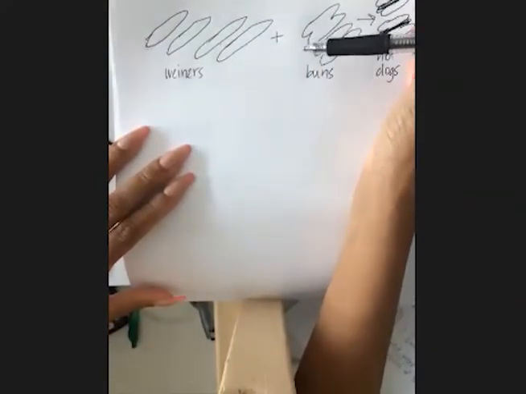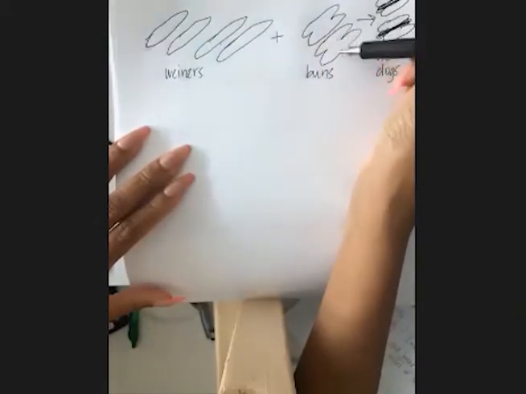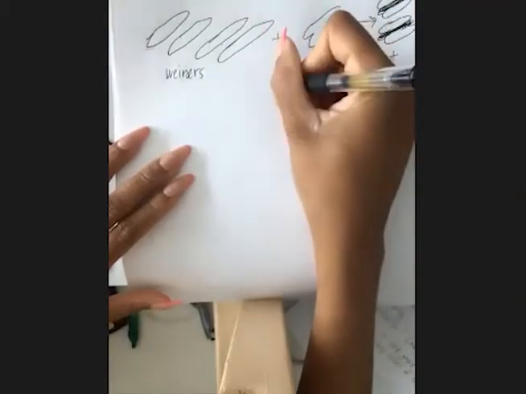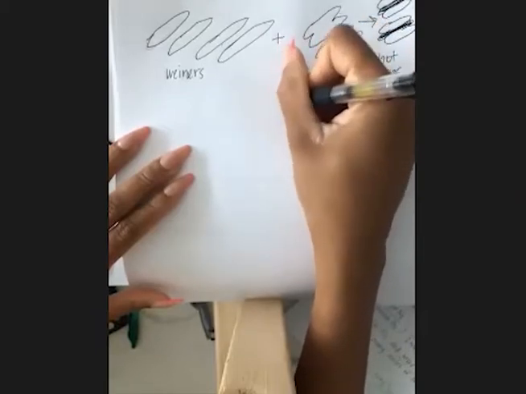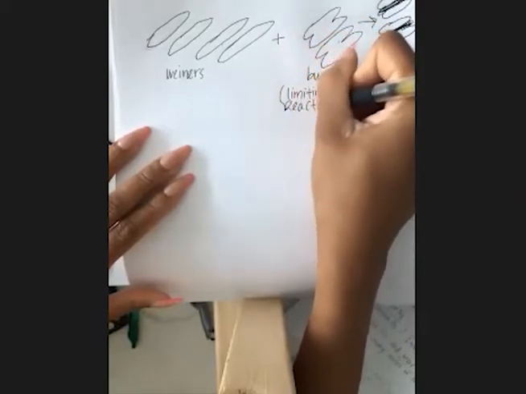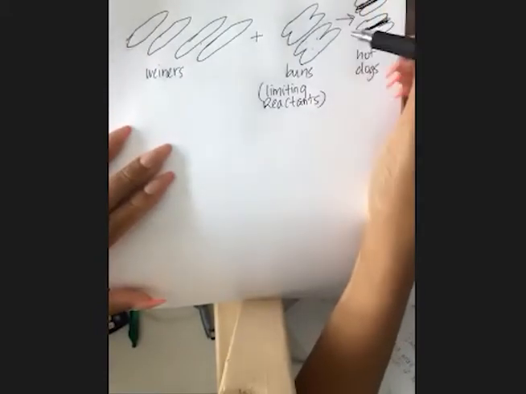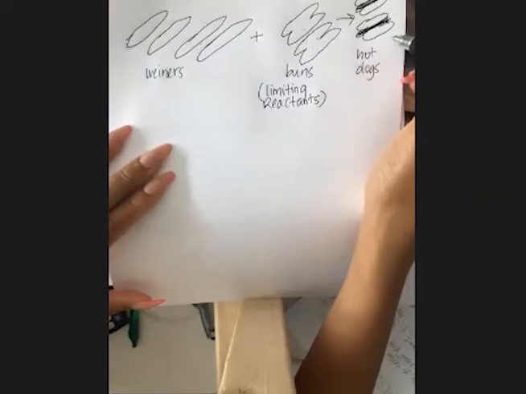When I have more than one reactant, one of them's going to be extra, the other one's going to run out first. The one that runs out first, we call that the limiting reactant. It limits how much product I can make. These 2 hot dog buns limited how many hot dogs I can make in general. Does that make sense, guys?